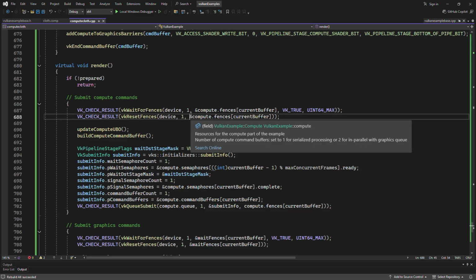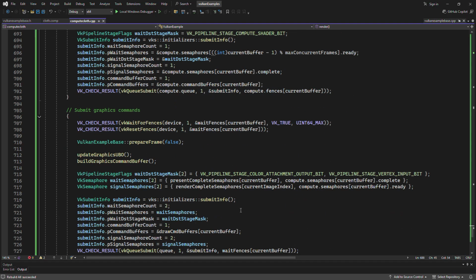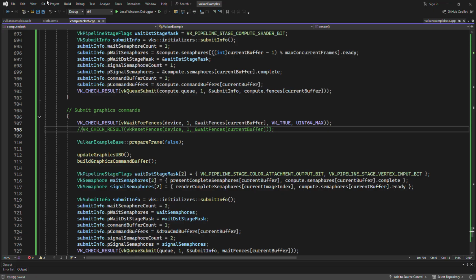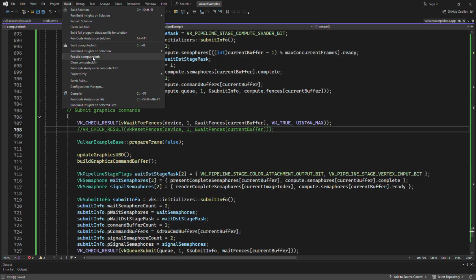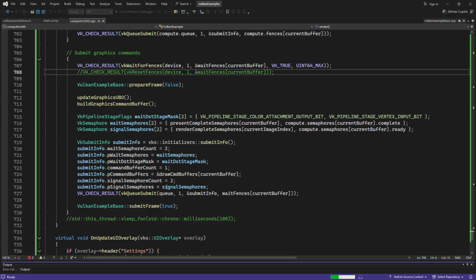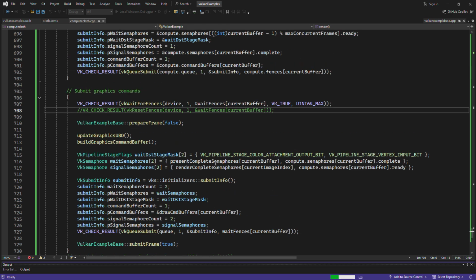And the same would happen for this one. If I didn't reset the fence, we would have the same issue, where it's going to complain that the vkQueueSubmit was submitted with a signaled fence instead of an unsignaled fence, right?